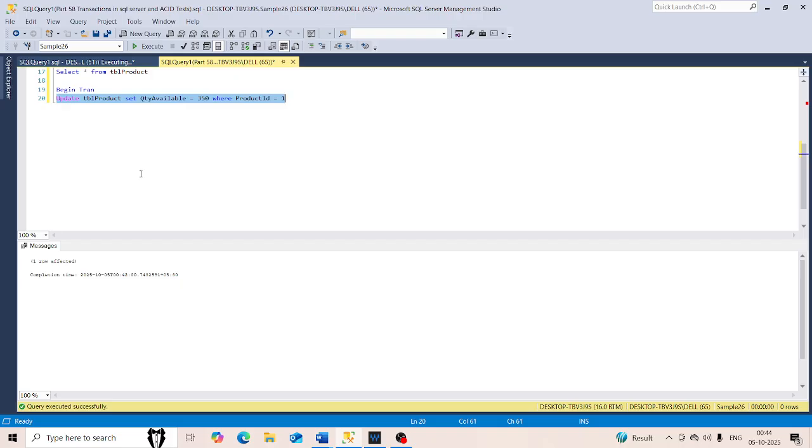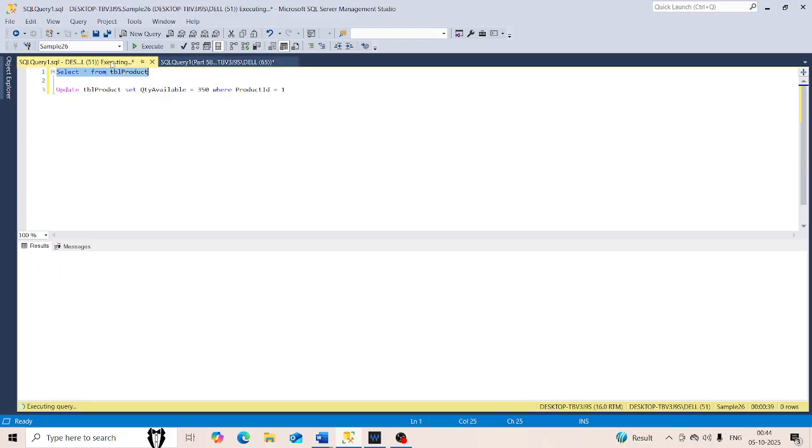That is why other users by default will not be able to see the data that is being touched by the other transaction.